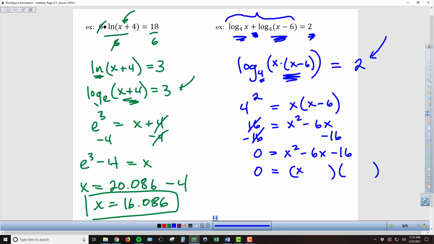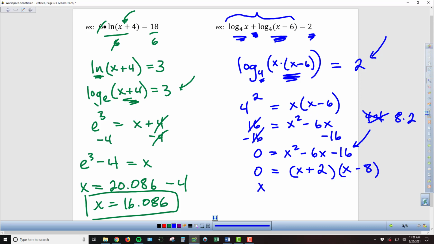So I know the first piece in each set of parentheses is going to be an x. I'm multiplying to make a negative, so I need one of each. And as we think about the factor pairs that multiply to make 16, 4 and 4 isn't going to do it, but 8 times 2 will. So we need a negative 8 and a positive 2, so that when we combine the negative 8x plus 2x, we end up with that negative 6x.